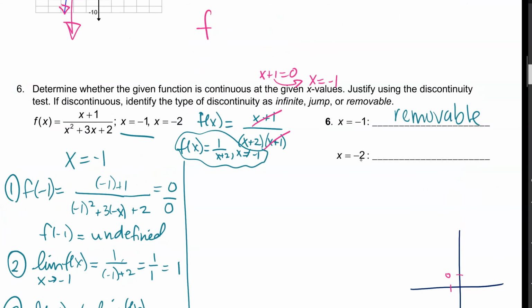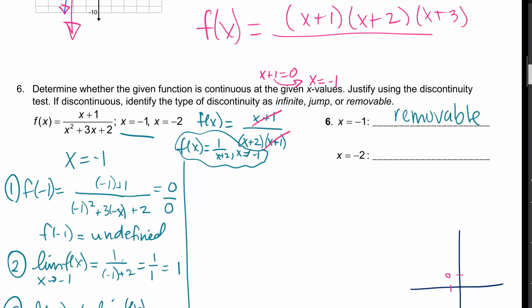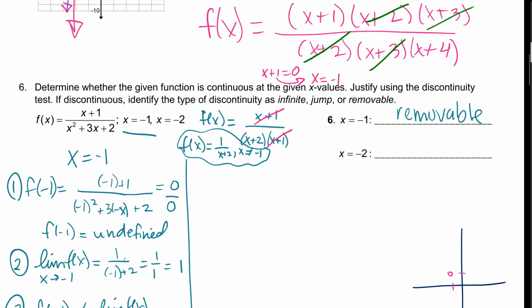Because imagine if I had a function like this. So we would have a removable at the x minus 2. We would have removable at x minus 3. But since this didn't cancel, the solution to the factors that don't cancel are where your infinite occur.